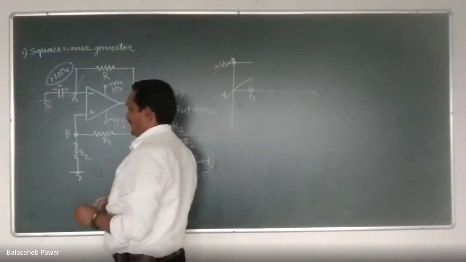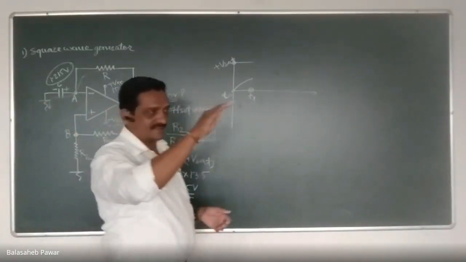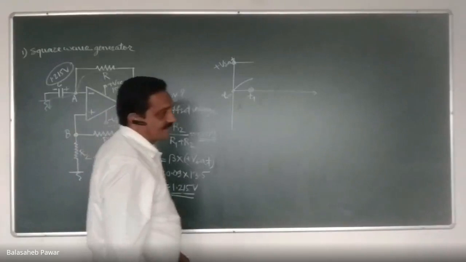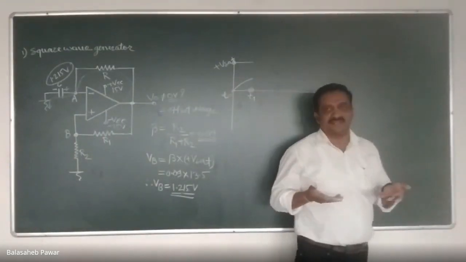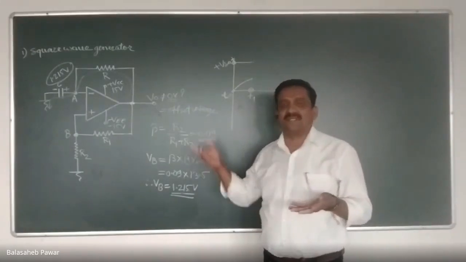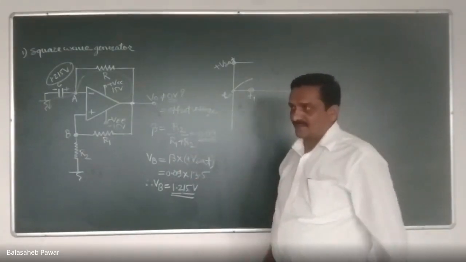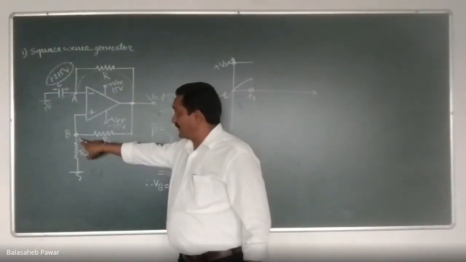At t equals T1, the capacitor will get charged to 1.1215 volts, so the input terminals of the op amp become equipotential. That means the differential voltage becomes 0 volts, and hence the output will become 0. When the output becomes 0, this node voltage will become 0.